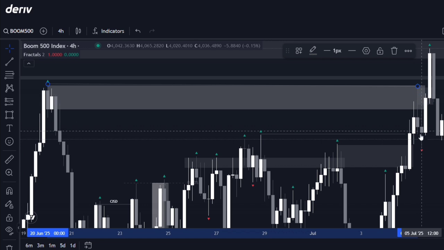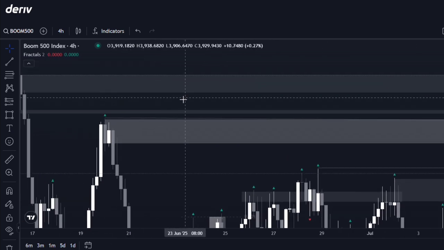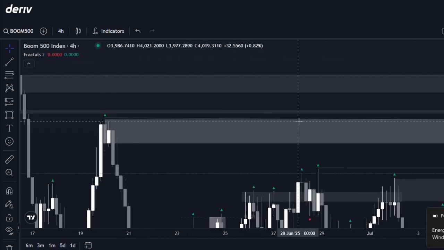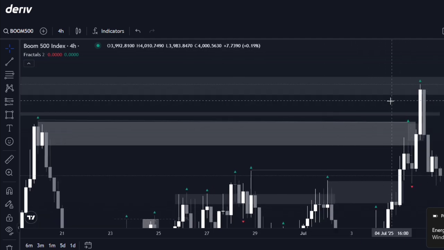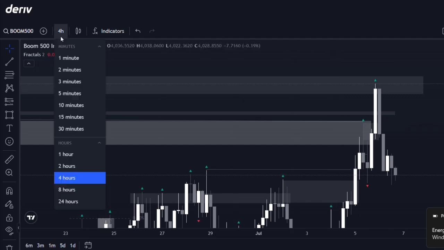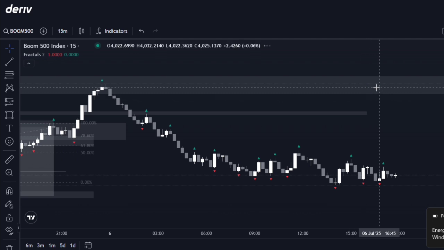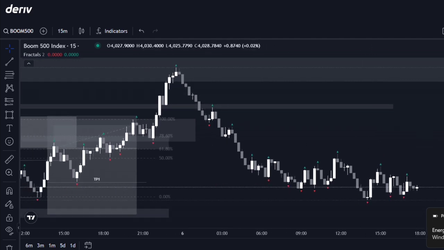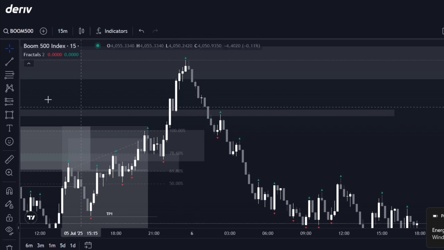When this rejection was happening, it would have meant that this was just an inducement for people to start selling, because it now created relatively equal highs, and just above the relatively equal highs we had this particular fair value gap, and then this other block at the top. So if we had dropped to the 15-minute at this time, around this other block above, we would have gotten a change in state of delivery at this area.